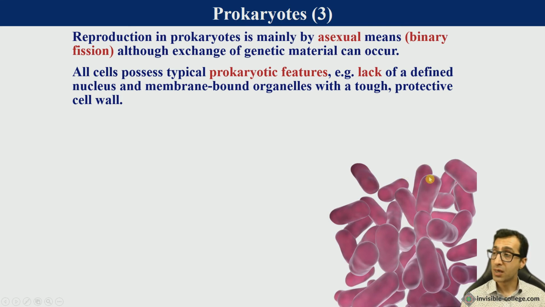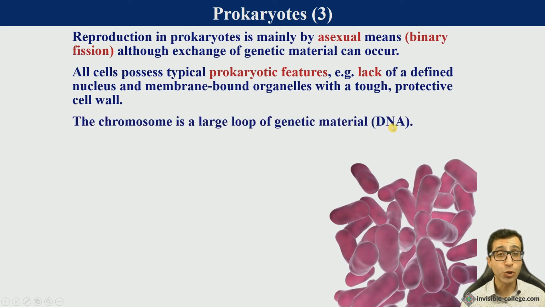Now, another feature which distinguishes these organisms from eukaryotic cells is that the chromosome is non-linear. It's not based upon a linear molecule of DNA. Instead, the DNA molecule in a bacterium, for example, is a continuous loop. So the chromosome is a large loop of genetic material made up of DNA.